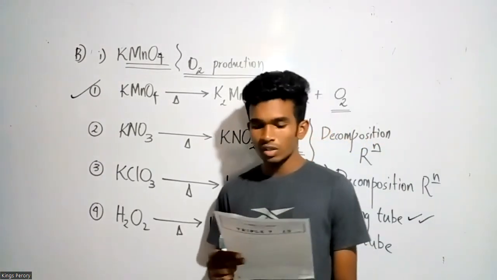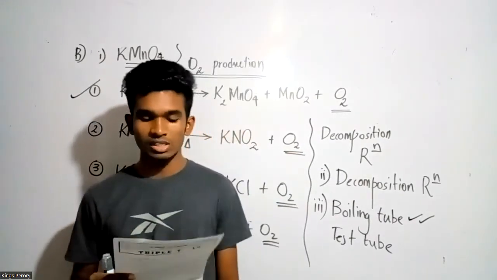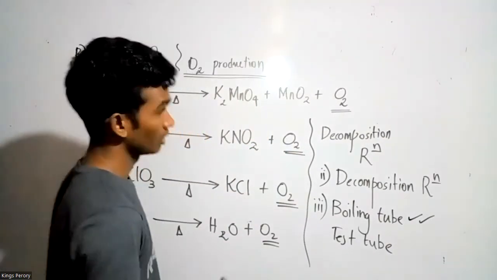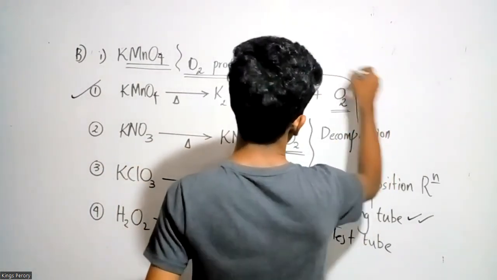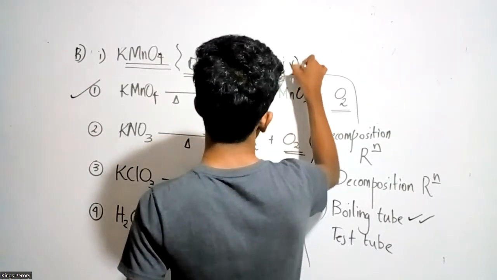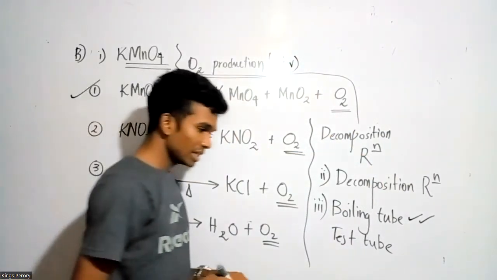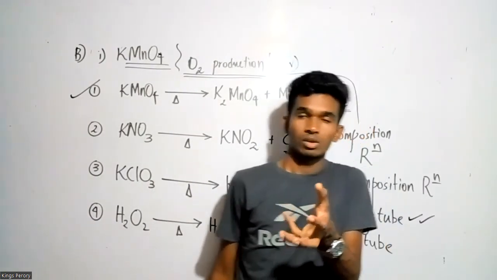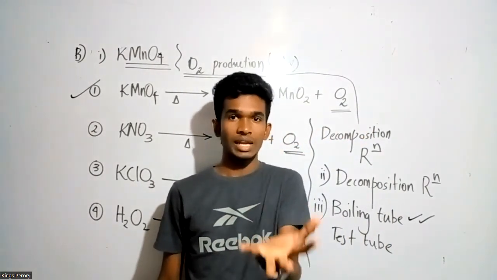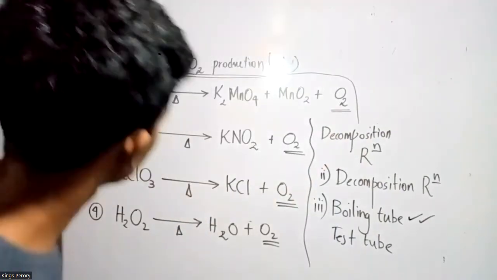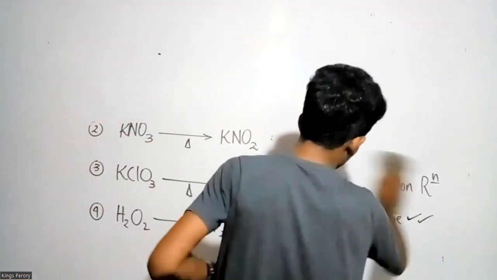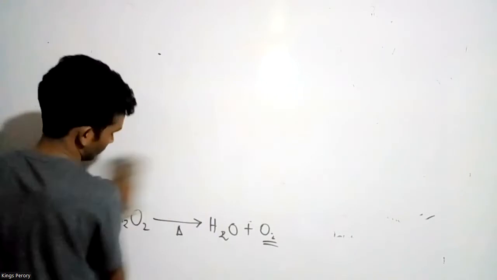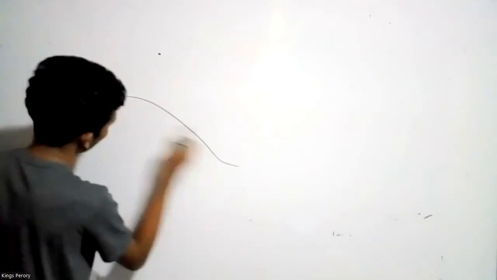What is the name given to the method that is used in the lab to collect the oxygen gas produced in this experiment? Roman number 4. Remember, in this method, oxygen is produced and sent through a delivery tube.